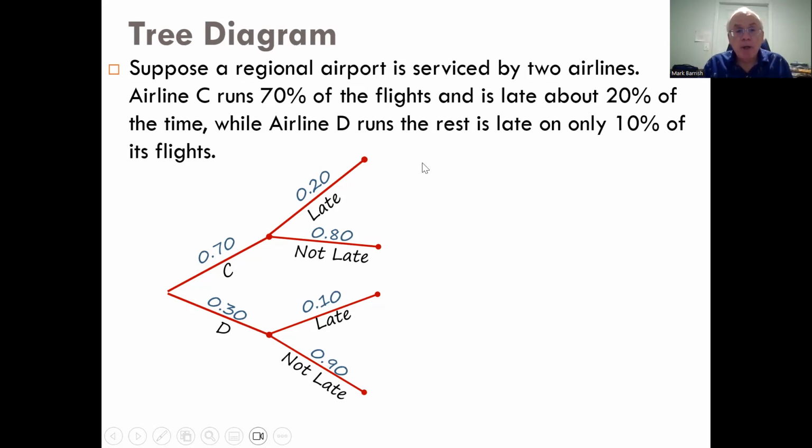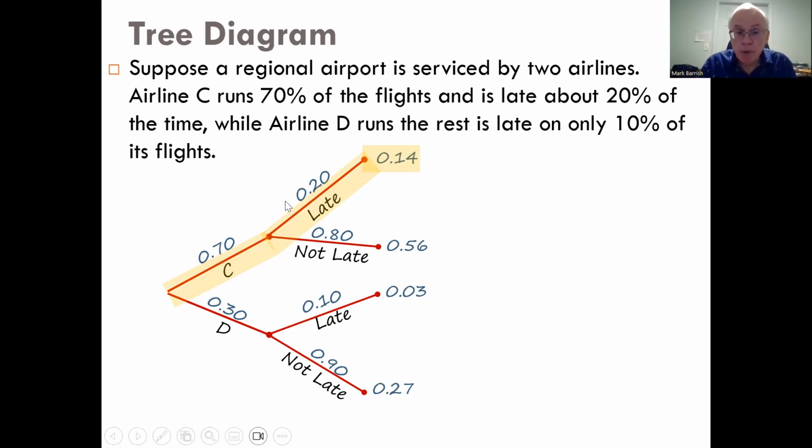So how do you answer the question about what's the probability of being late? Well, one thing you want to do is multiply across these branches. Now, this 0.14 is 0.7 times 0.2.